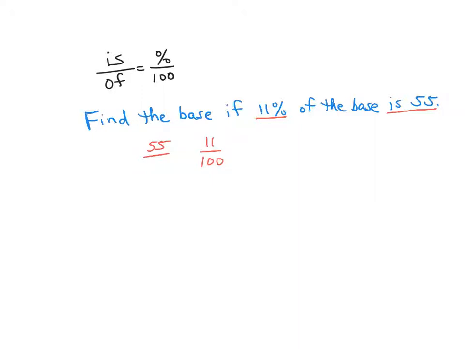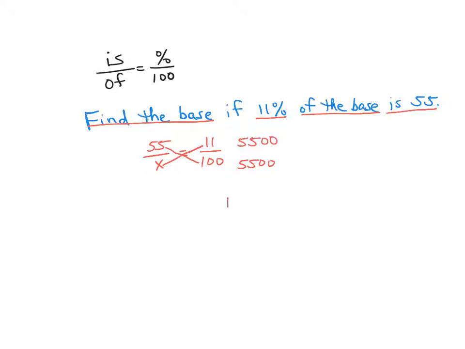It said find the base if 11% of the base. You don't know what the base is because you're finding the base. So that's my x. So now I have my proportions set up. I know that 55 times 100 is 5,500. So I know 11 times x also has to give me 5,500.